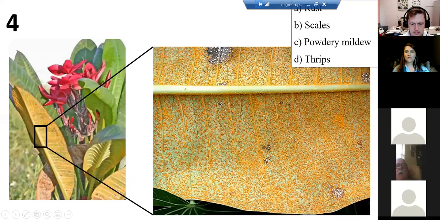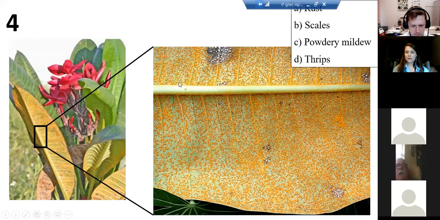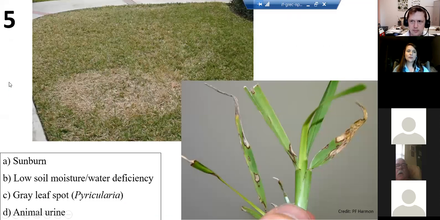Next one, number 4. If you lose your poll, I guess just try and record it yourself on a piece of paper. I think it's going to be more of Zoom, not us. Okay, 30 seconds. Next one, number 5.